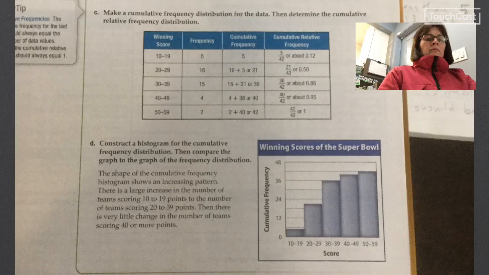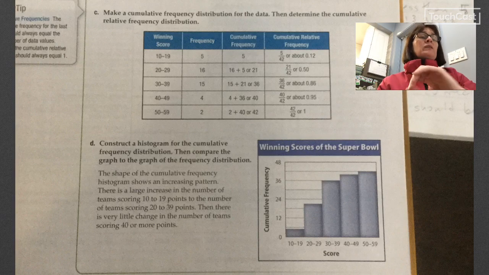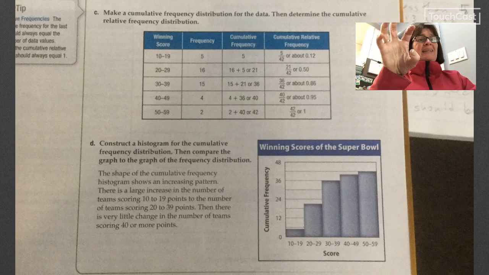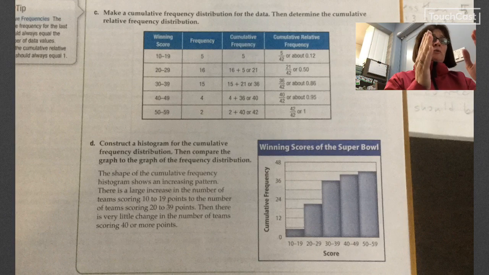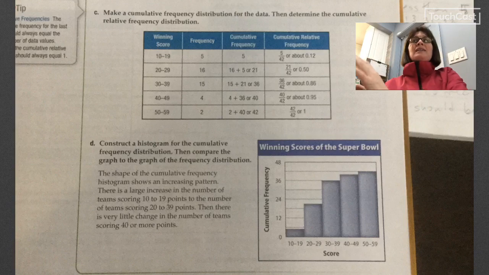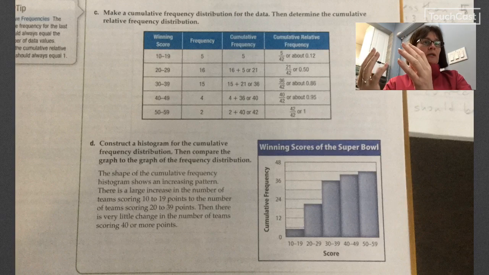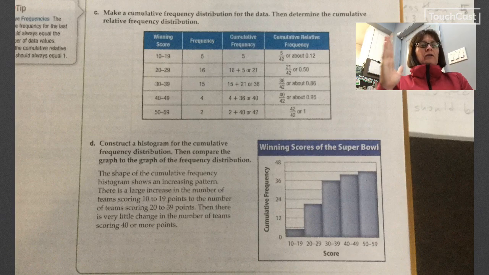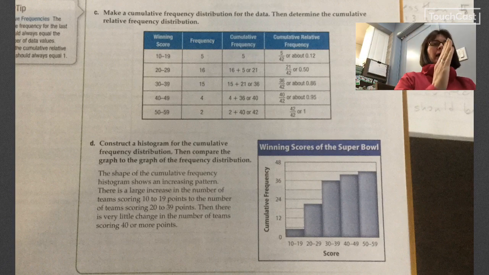One more variation on the histogram: you could make what's called a cumulative frequency distribution. Instead of saying 5 scores were from 10 to 19 and 16 scores were from 20 to 29, you add them up. Cumulative means accumulate, so you add together all the values as you go from left to right.